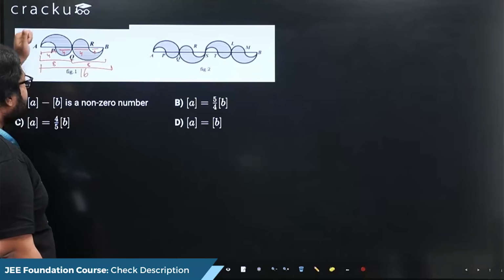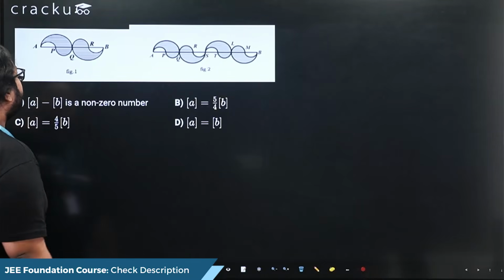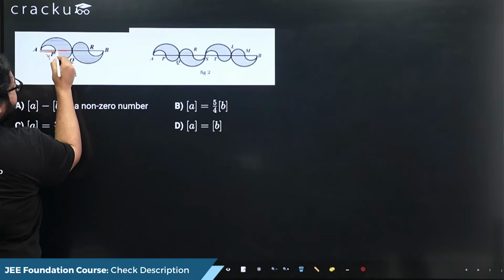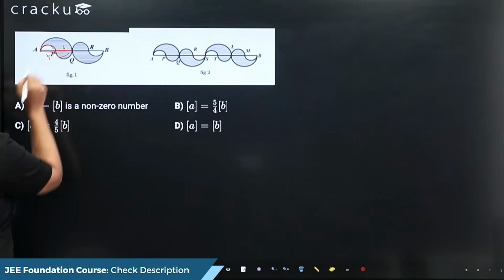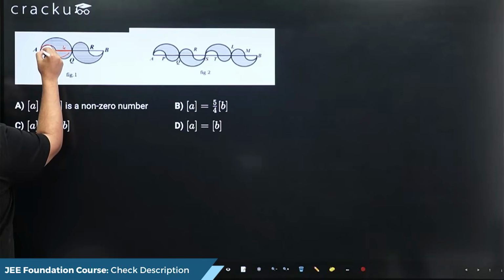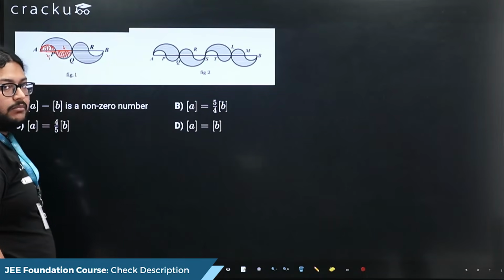So this is like the division of the numbers essentially. So this is 4, this is also 4, and if both of these are essentially semicircles, then do you not think that this area and this area are going to be same?